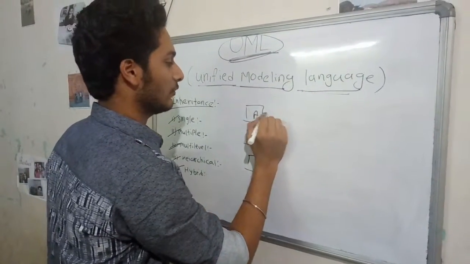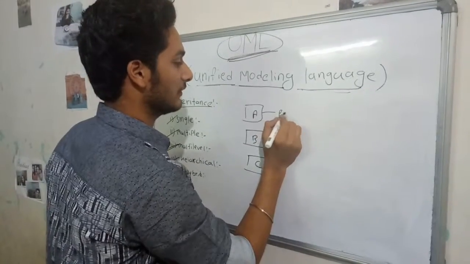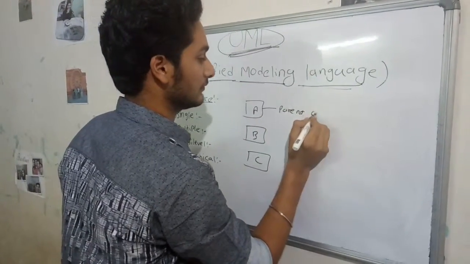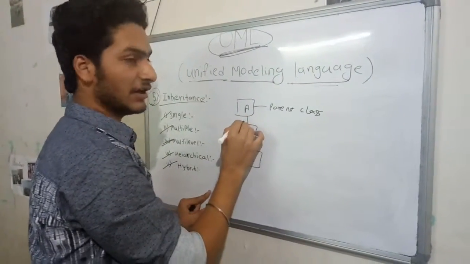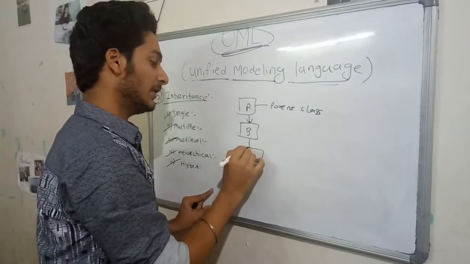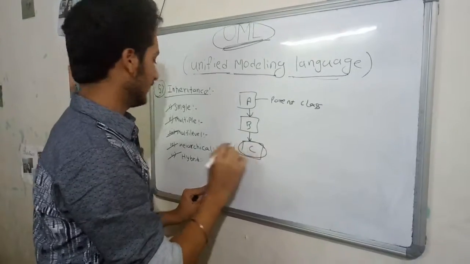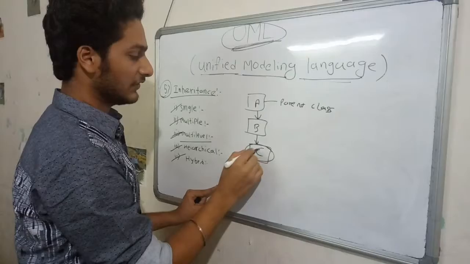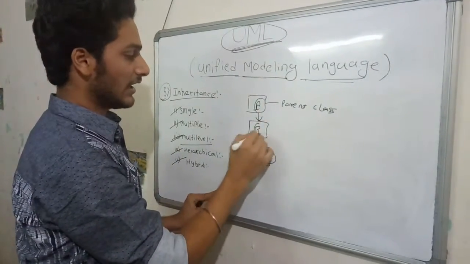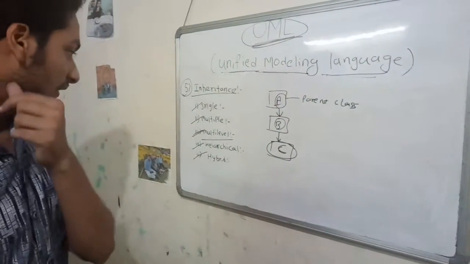Suppose A is a parent class. The properties of A are inherited by B, and the properties of B are inherited by C. In this multi-level inheritance, C will have the properties of A as well as B.